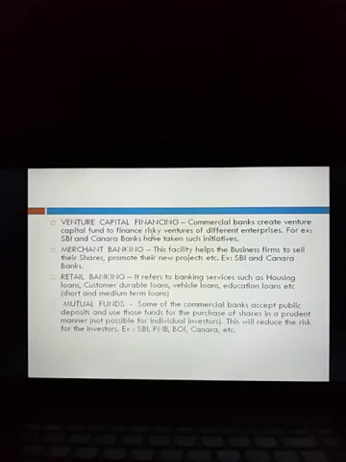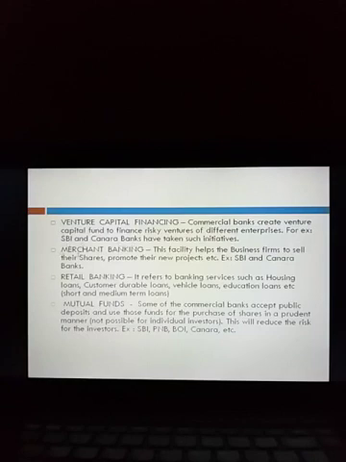When I say risk, there's no guarantee that an entrepreneur would get profit. He may get profit or he may incur loss also. Such risky ventures will be financed by the commercial banks. Such initiatives have been taken up by banks like State Bank of India, Canara Bank, etc.